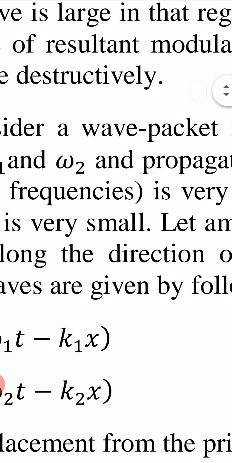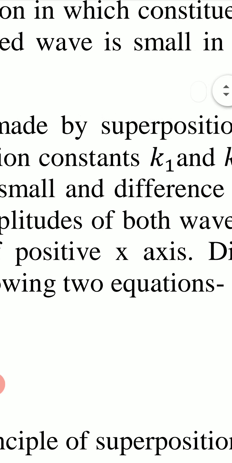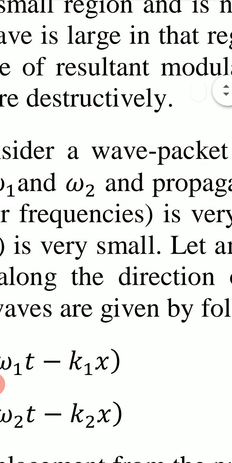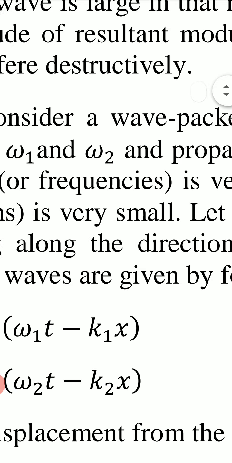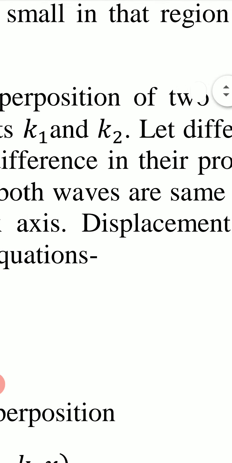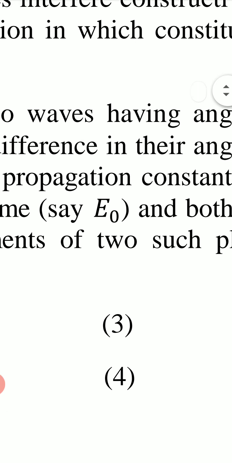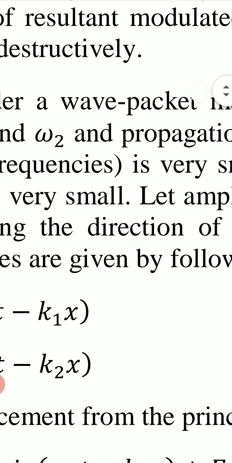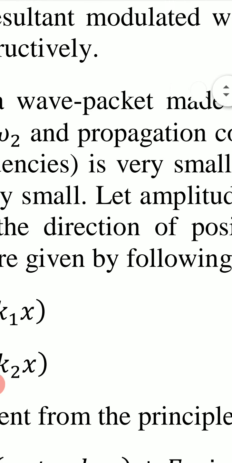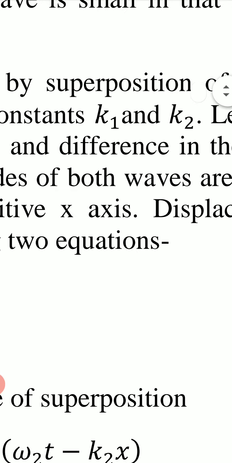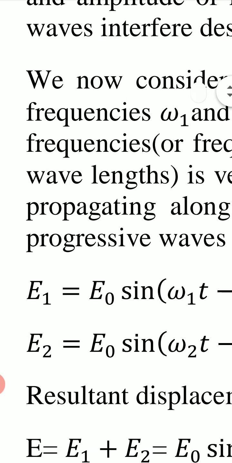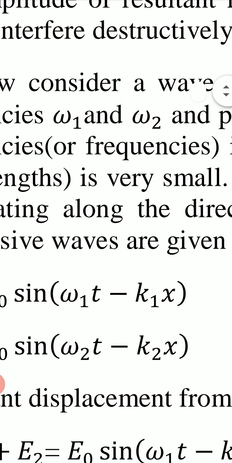We now consider a wave packet made by superposition of two waves having angular frequencies omega 1 and omega 2 and propagation constants k1 and k2. Let the difference in their angular frequencies be very small, and the difference in their propagation constants or wavelengths be very small.